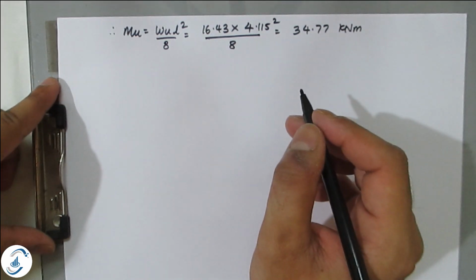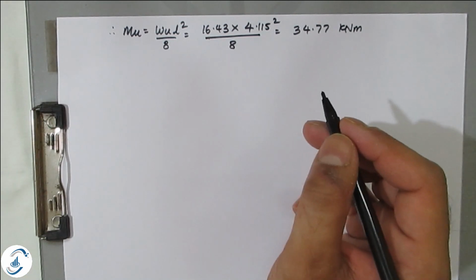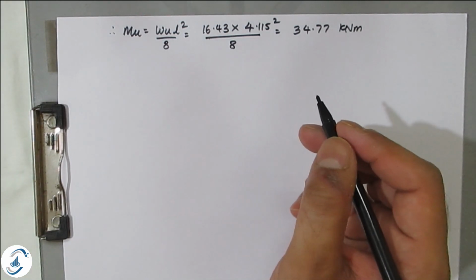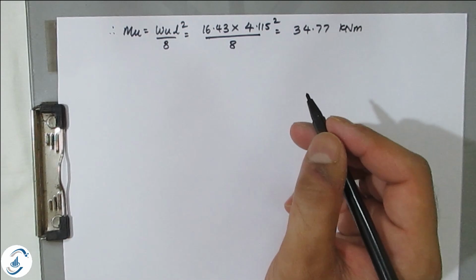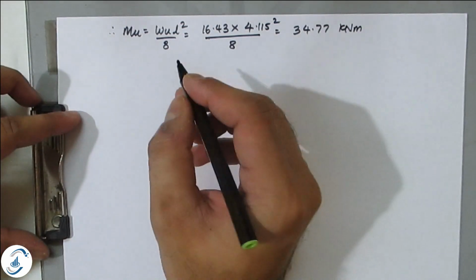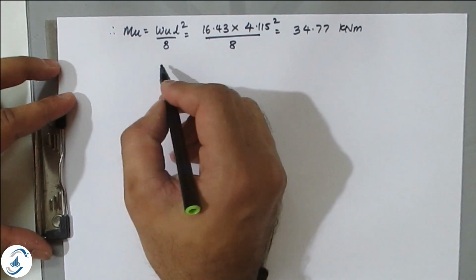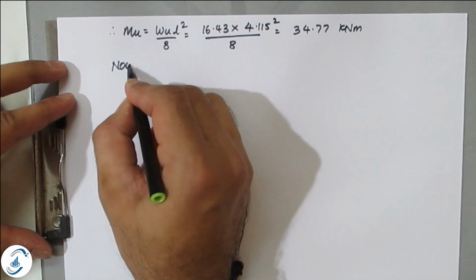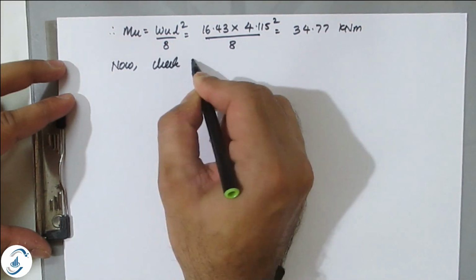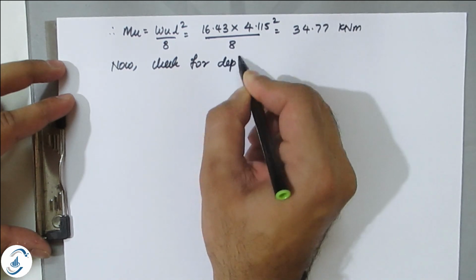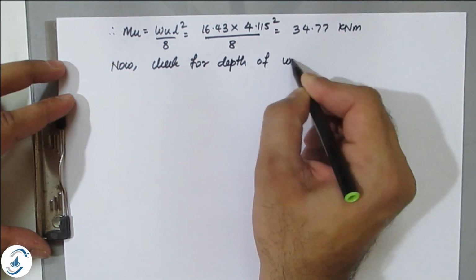Now we will check whether the D, whatever we have provided, which is the thickness of waste slab, is sufficient to take this particular moment or not. Now the check for depth of waste slab.